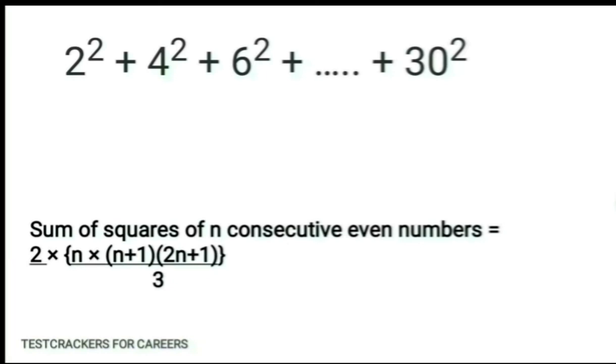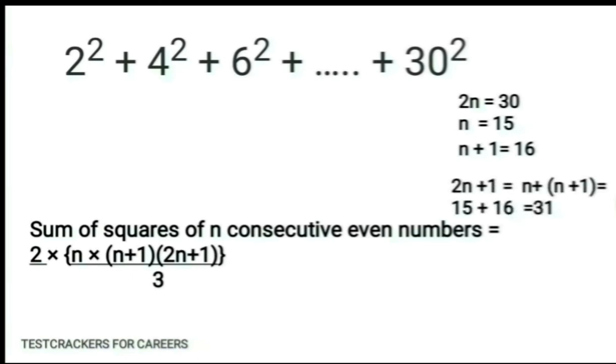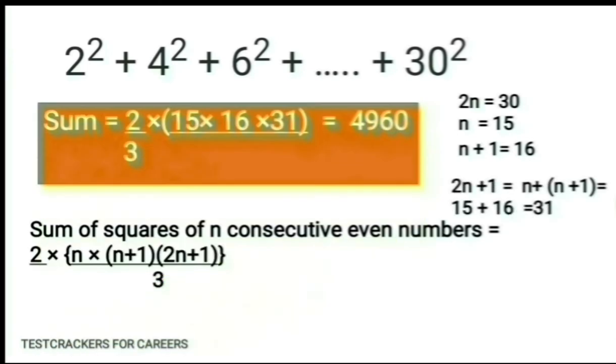Since it's an even series, the last term is equal to 2n, that is 2n is equal to 30 and n is equal to 15. n plus 1 is 16 and 2n plus 1, we add 15 and 16 and we get 31. Now the sum of the series is equal to 2/3 into 15 into 16 into 31, which is equal to 4960.